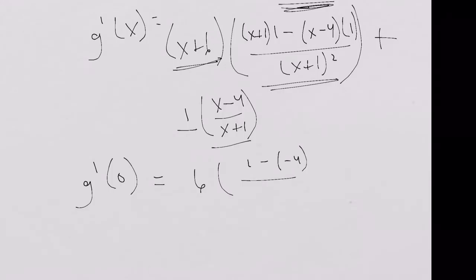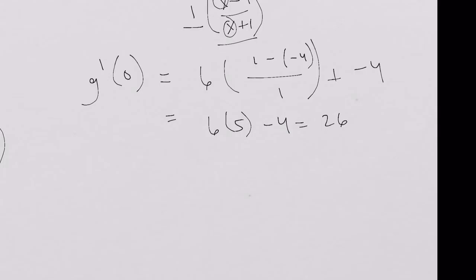Again, plugging in 0 right there, I get a 1 on the bottom. And then I'm going to add to that, when I plug in a 0 into these, I just get negative 4. So I get 6 times 5, and then minus 4, which would be 26.